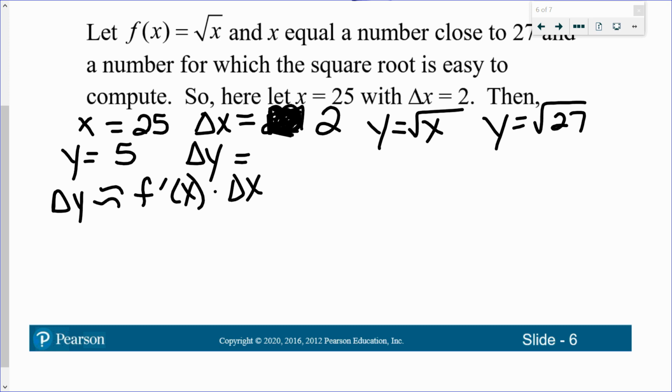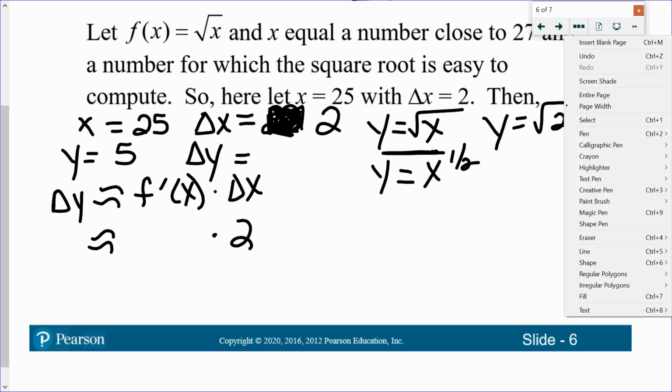Now let's see what we know here of this already. Well, we know delta x is 2. So we've got that part. F prime x, that means I need to take the derivative of this function. In order to do that, I need to rewrite the function. So y equals x to the 1/2 power.